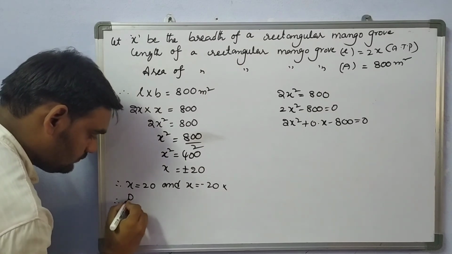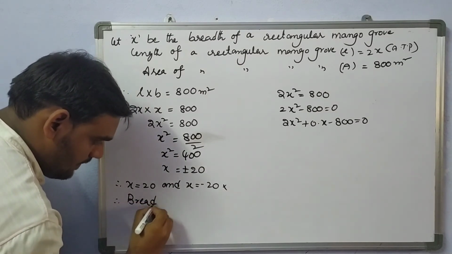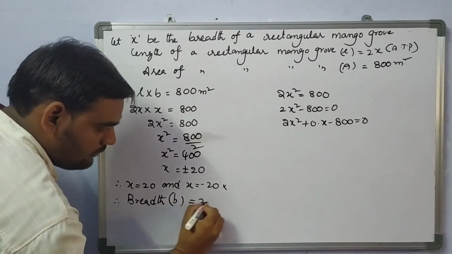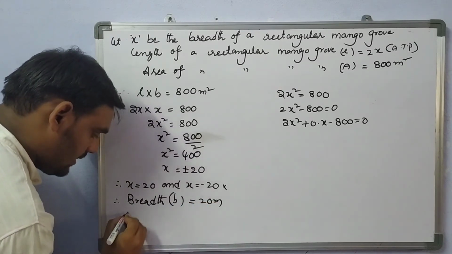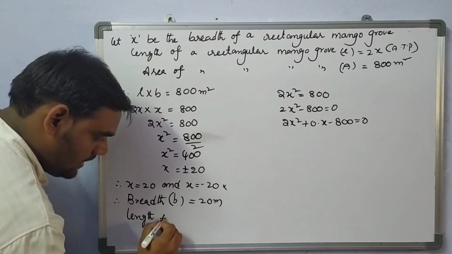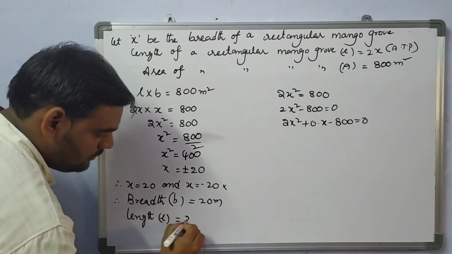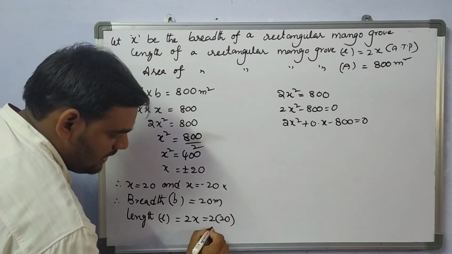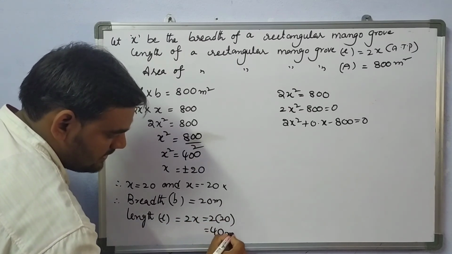Therefore, breadth B is equal to 20 meters and the length L is equal to 2x, means 2 into 20. So we are getting 40 meters.